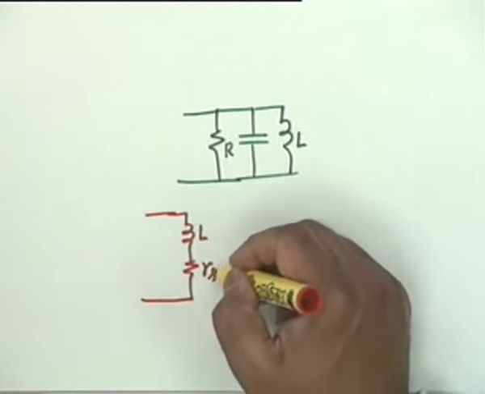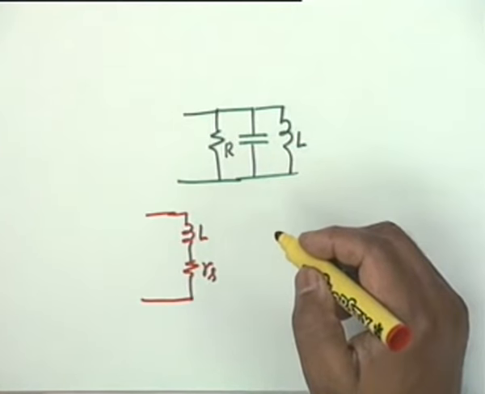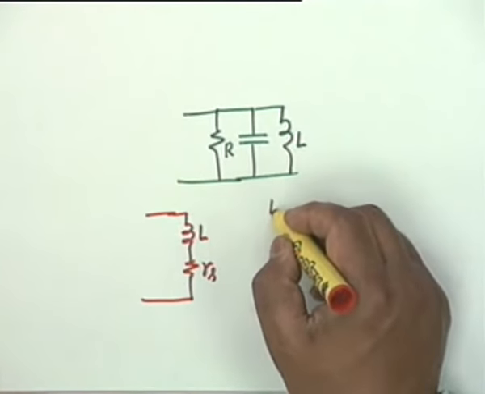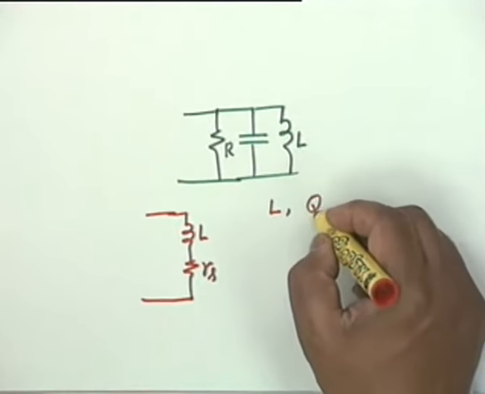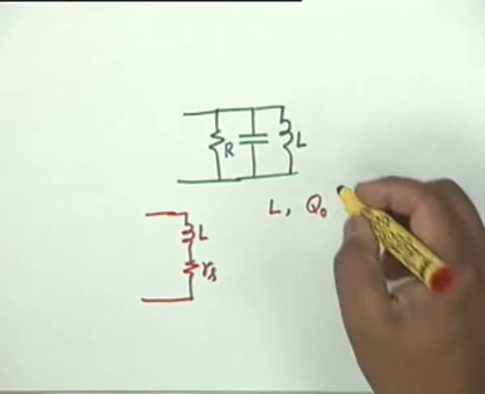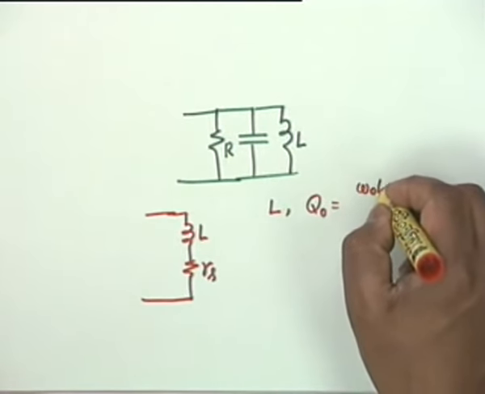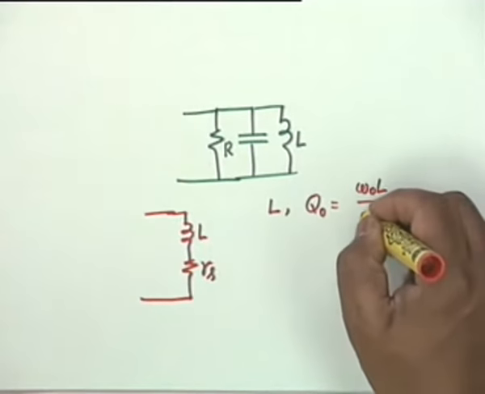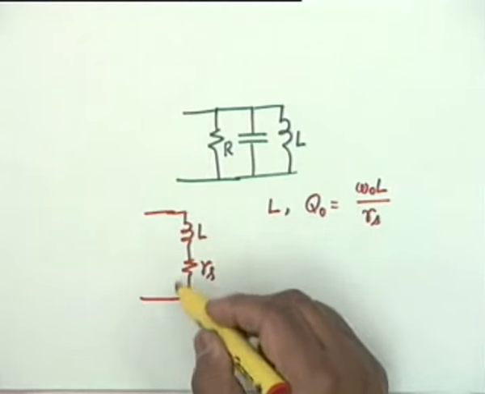However, such inductances are always described or characterized by the inductance and its Q parameter. We call it Q0 at the frequency at which you want to use it. Now what is Q0? Omega 0 L divided by RS, the series resistance. This describes the coil.